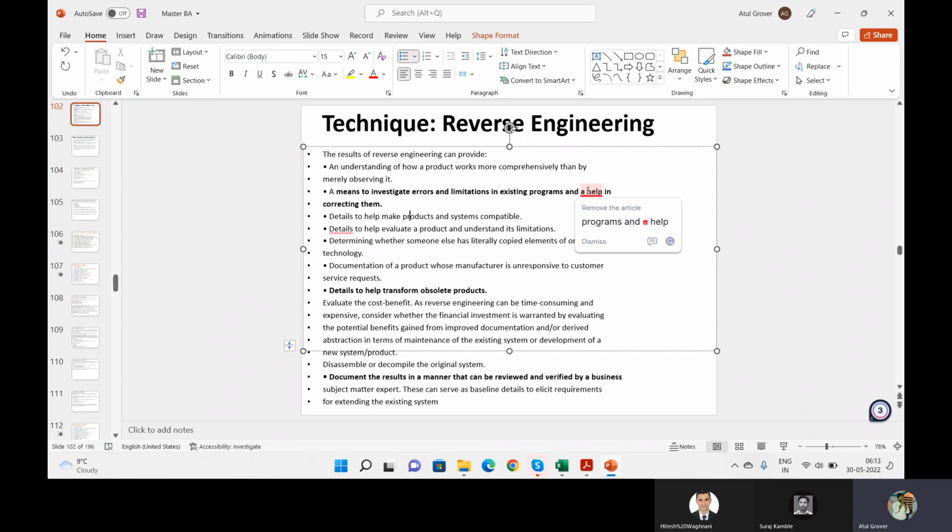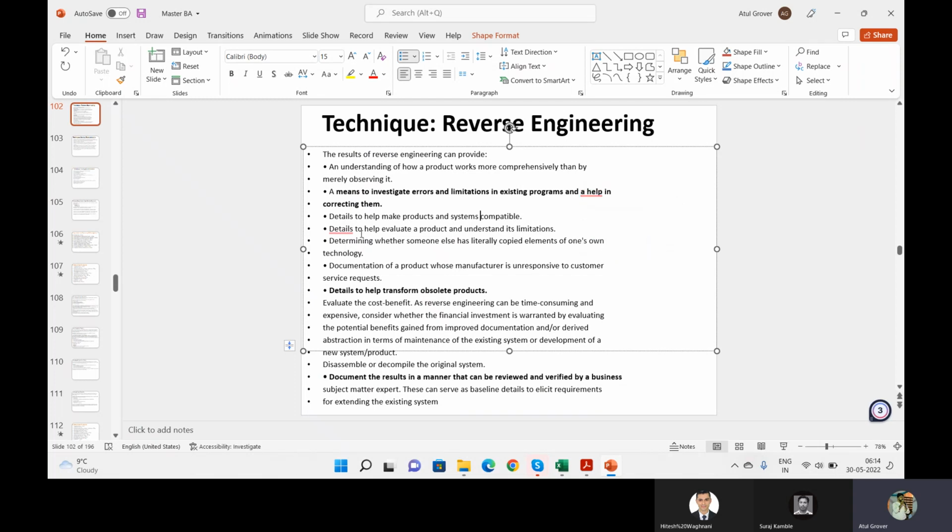Then what will he do? He will look at the scooter from the current state perspective with the previous experience he has. Okay, it has a clutch, it has gears, it has oil, it has brakes, it has this, it has that, and then he finds out why it is giving an error or what the limitation of the scooter is at this point in time. That is called reverse engineering.